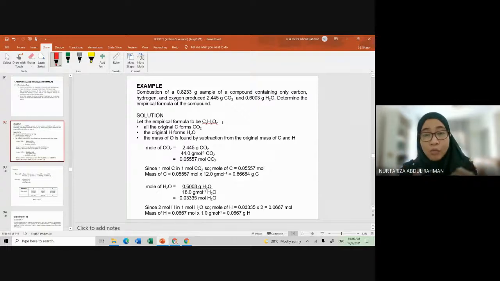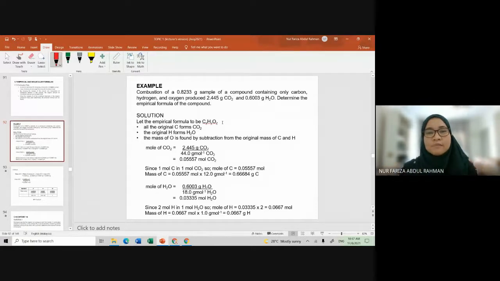Those are our conversion factors. It can be manipulated atas bawah. Dia tak semestinya duduk bawah aja mole tu. Not necessarily. It depends on whatever unit that we have at the beginning. It can be manipulated up or down, denominator or numerator. Itu je yang you perlukan.